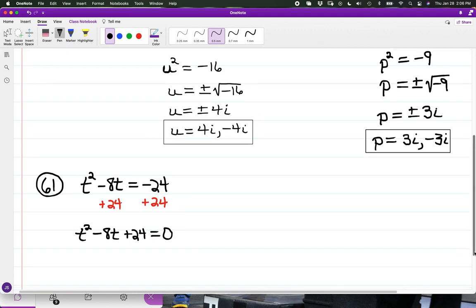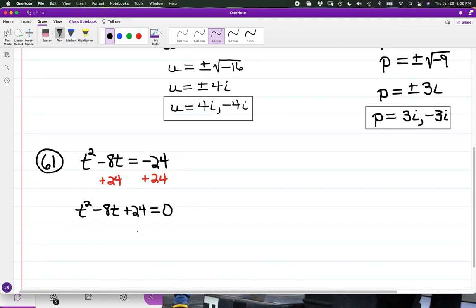Now for this particular trinomial, I cannot factor into real integer coefficients. If I think of trying to factor by grouping, here you have 1 times 24 is 24, but there are no factors of 24 that will add up to negative 8. You might think of negative 24 and negative 1. Those add up to negative 25.